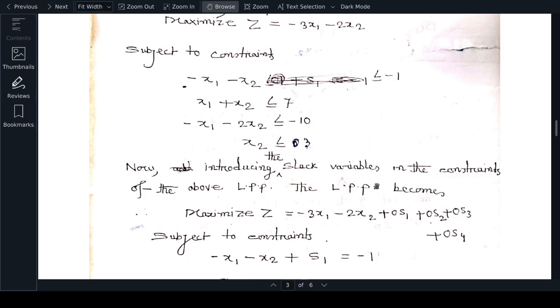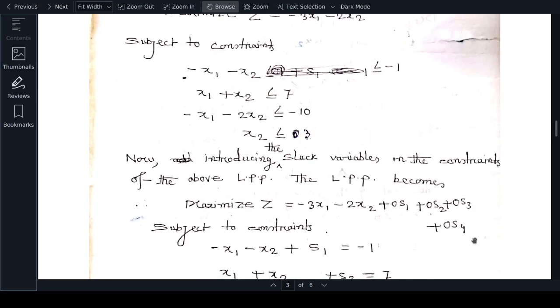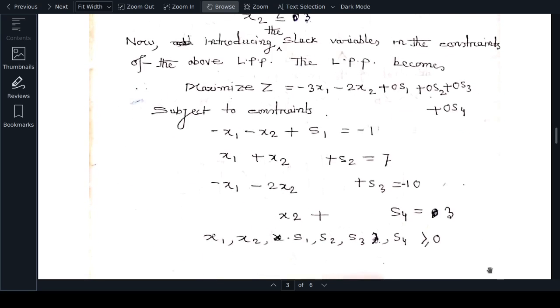Okay. So what happened in step number 3? Here all the constraint inequalities are less than or equal to. Next, we make them into equality. Since all are less than or equal, we introduce slack variables.